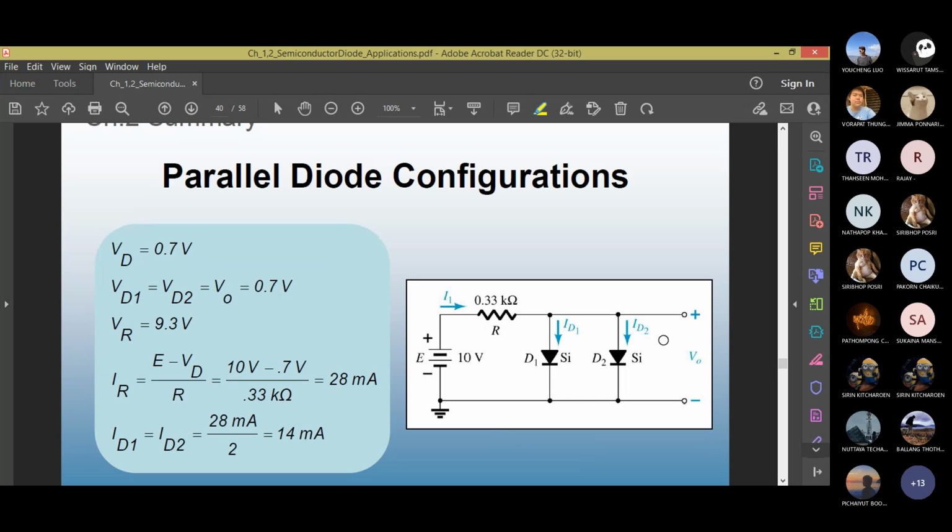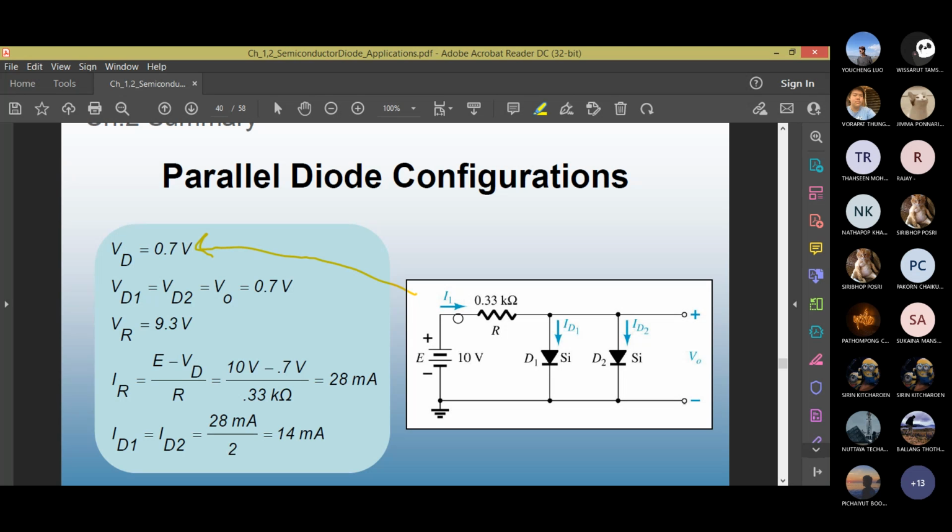As you can see, there are 3 loops going on here. The first 2 are closed loops, and at the output, if you try to measure or put a load, you'll have an output voltage. It's a silicon diode, so when it's turned on, diode voltage is 0.7 volt. We have a voltage source of 10 volt DC.